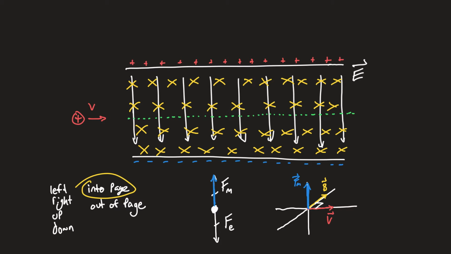All right, now let's apply this. What I'd like you to do is see if you can figure out some type of expression for the velocity of the particle. So you're after something like V is equal to some stuff. And what goes over there, I'm going to leave that up to you.